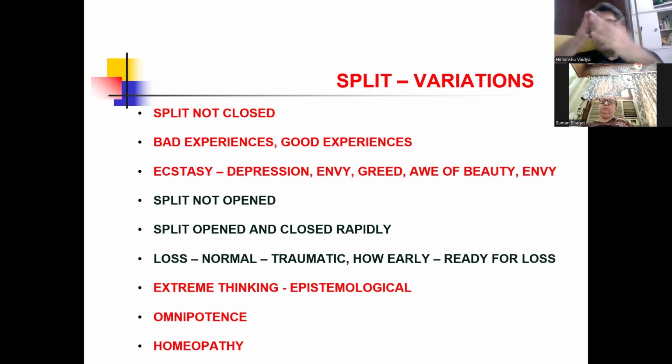Just as a split opens and closes, something can appear good and not good, and one can be perplexed at the phenomena. The split leads to extreme thinking, what is called catastrophic thinking. Extreme thinking can be of catastrophic type, usually it is. Open split leads to search of omnipotence, and the split also is very important in all serious cases of psychotherapy as well as of psychosomatic sicknesses.